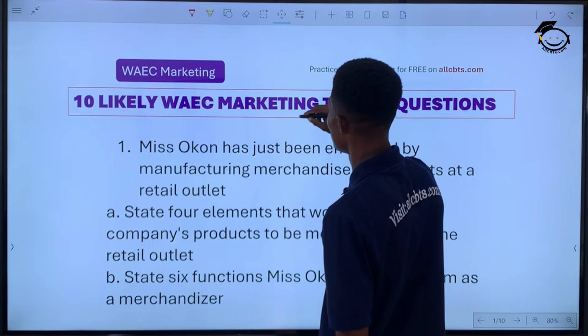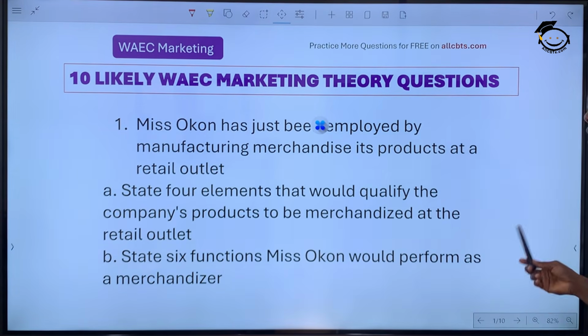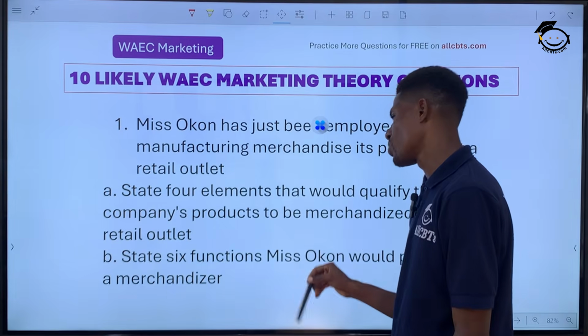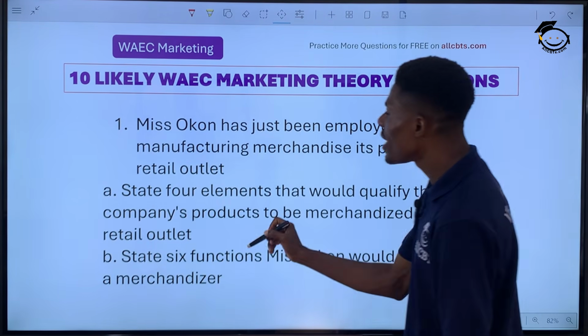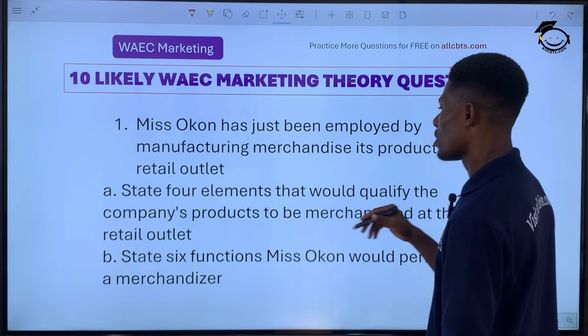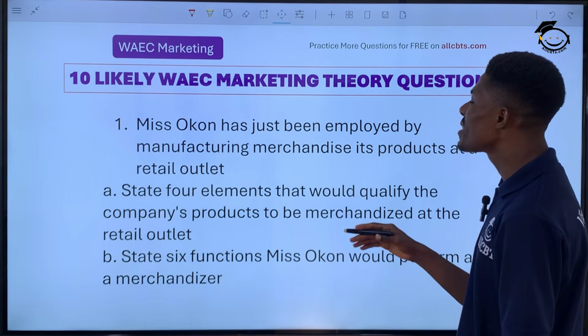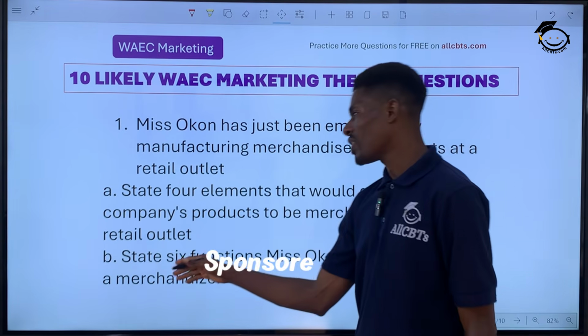State 4 elements that would qualify the company's products to be merchandised at the retail outlets. The second question: state 6 functions Miss Okon would perform as a merchandiser.